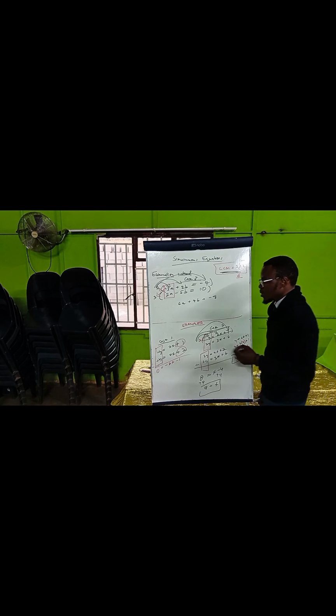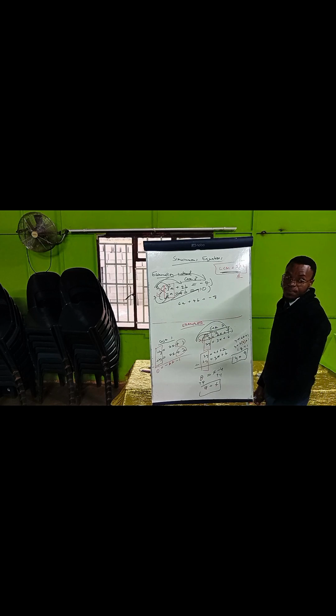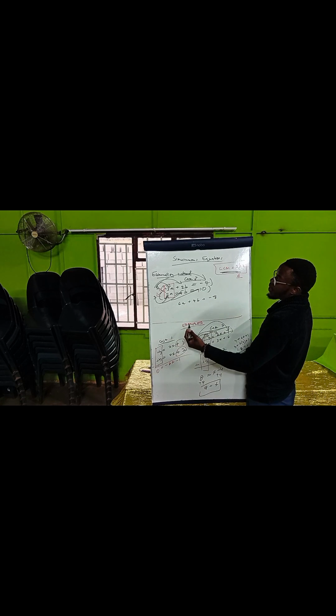That's our first equation. The second equation would be, again, this 3 multiplies all the terms, both sides of the equation. So 3 times 2A is what? 6A. And 3 times negative 5B, negative 15B. And then 3 times 10, you get 30.